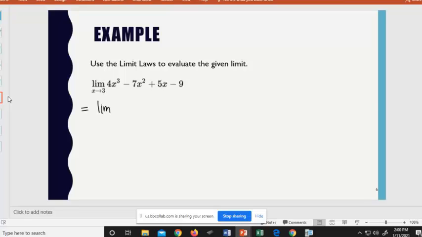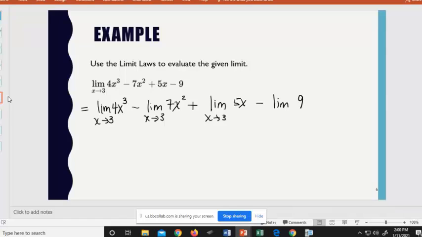Equals the limit of 4x cubed as x approaches 3, minus the limit of 7x squared as x approaches 3, plus the limit of 5x as x approaches 3, minus the limit of 9 as x approaches 3.